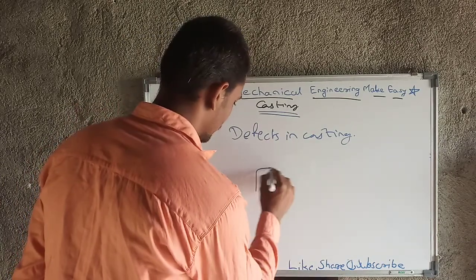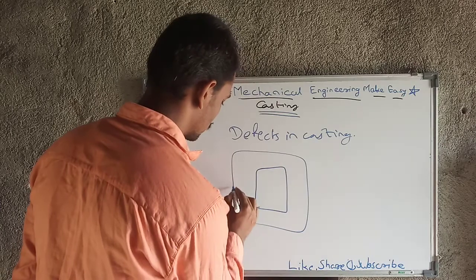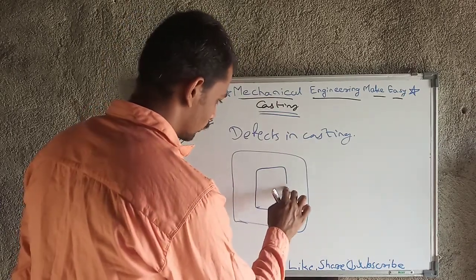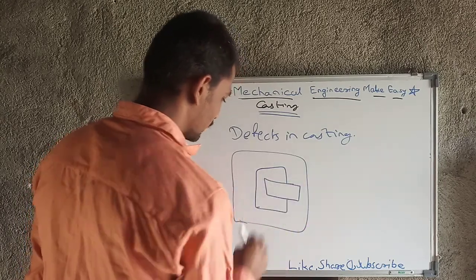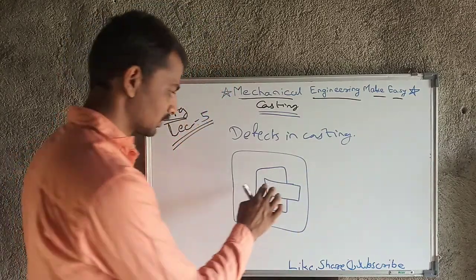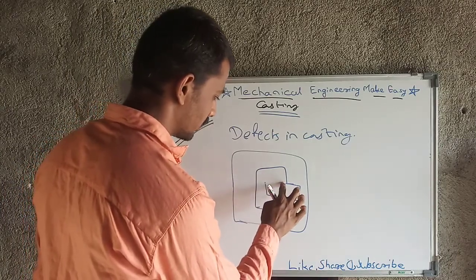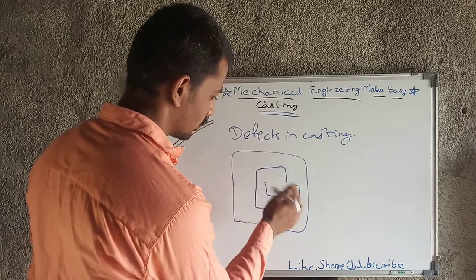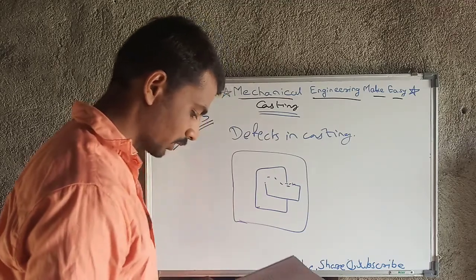There can be a case like this. This is the mold, and this is the main cavity. But we have placed one core here. Because of some reason, this core has been broken, or maybe the cavity remains here, so the molten metal will come here. This may happen.